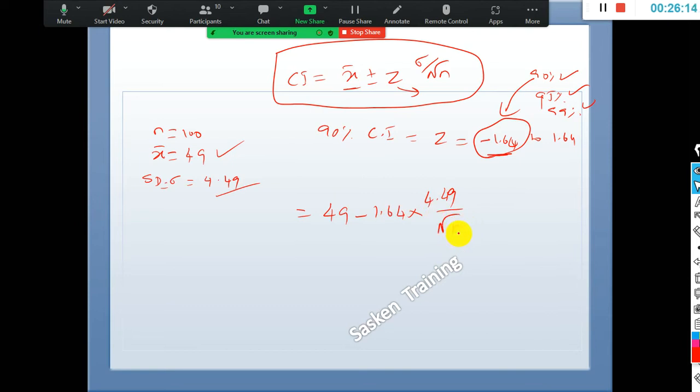The sample size is 100, so the square root of 100 is 10. So 4.49 divided by 10, you will get some value. And this is your lower bound. How much will you get?